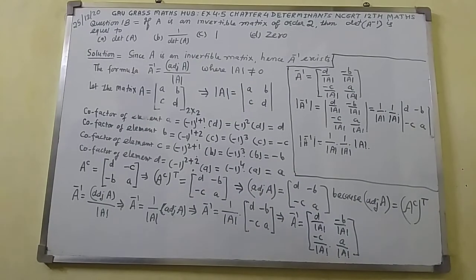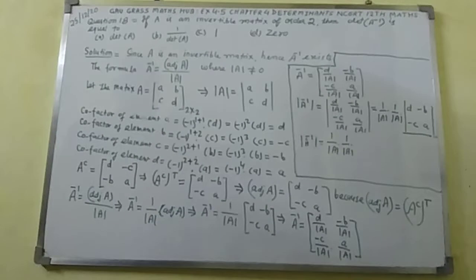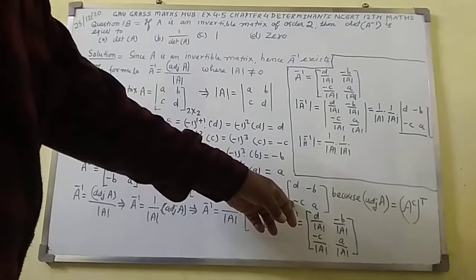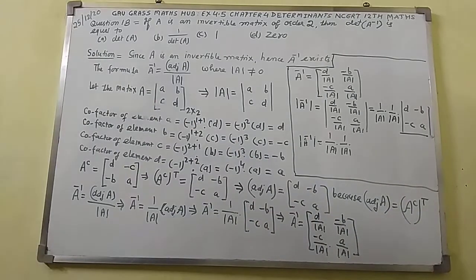So what to do next? This is adjoint A. Here you can take this element, d, minus b, minus c, a, you have got.